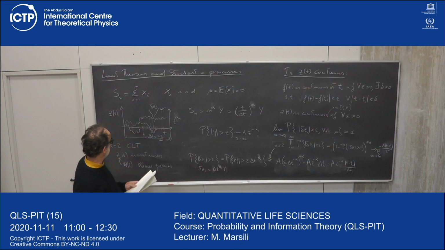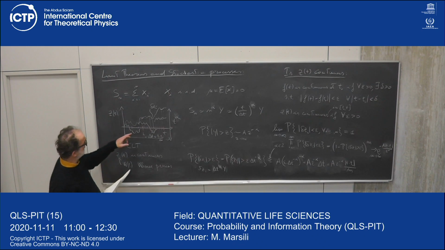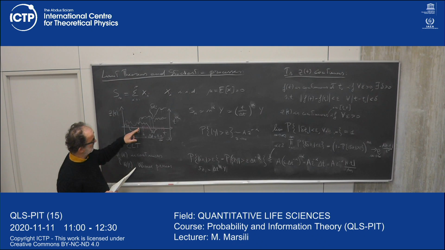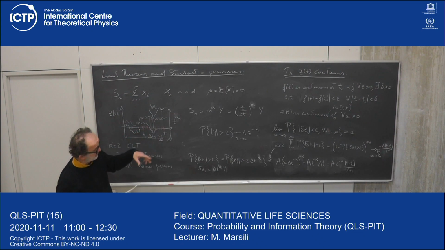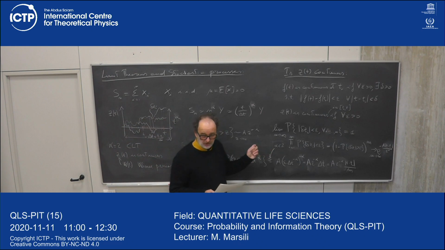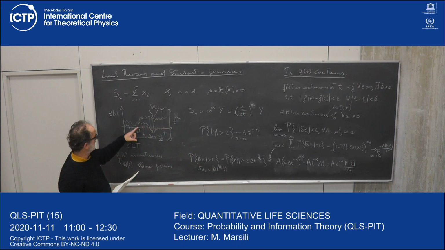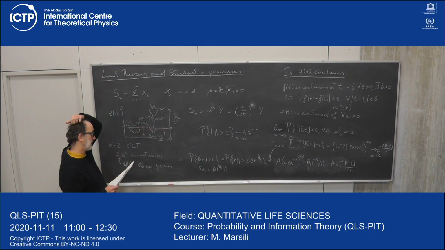Of course, if alpha is between 1 and 2, these jumps will be essentially small.